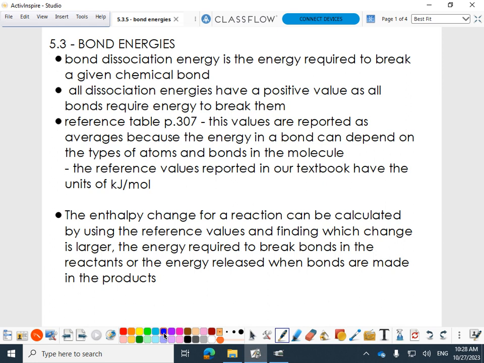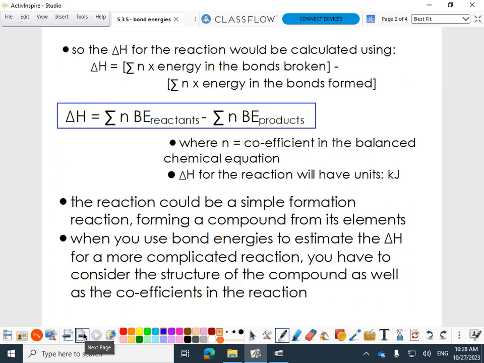So we are going to calculate the enthalpy change using reference values for bond energy, looking at the bonds inside the reactants, and then the bonds being made in the products. The equation here is how we find the overall enthalpy change for the reaction: the energy in the bonds broken minus the energy in the bonds formed.